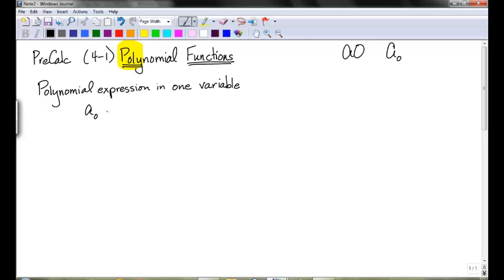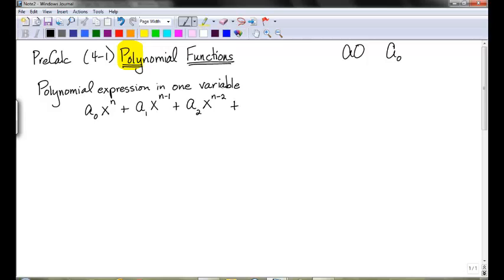A sub 0 x to the n power plus a sub 1 x to the n minus 1 power plus a sub 2 x to the n minus 2 power. Okay, and then put a plus sign.